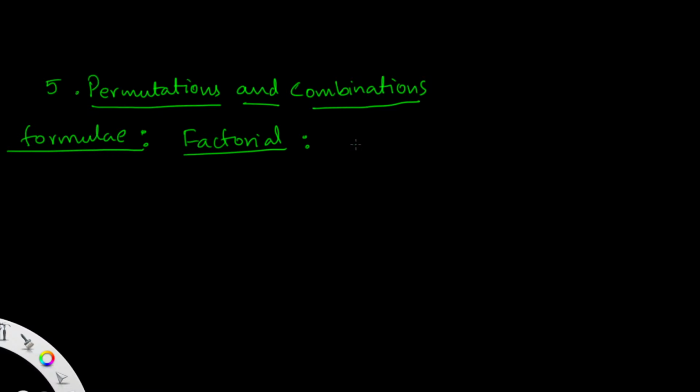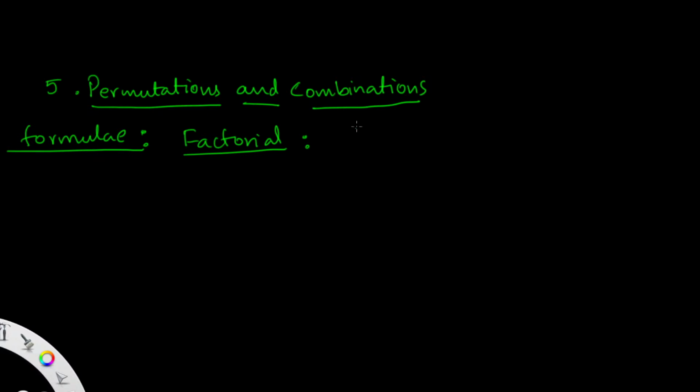If n equals 2, then it is 2 factorial, that is 2 into 1. Similarly, 3 factorial is 3 into 2 into 1. Similarly, 5 factorial is 5 into 4 into 3 into 2 into 1. Just write the continuation of the natural numbers.